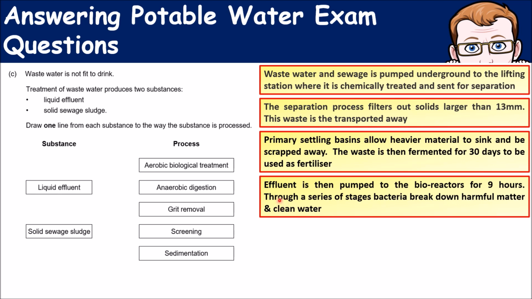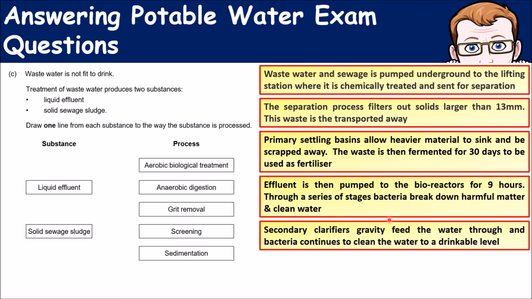The effluent is then pumped into bioreactors, where we've got bacteria breaking down the biological material. Then it goes to what are called secondary clarifiers. These are gravity fed, so the water continues going through, which helps clear out some more of the stuff that's being broken down.